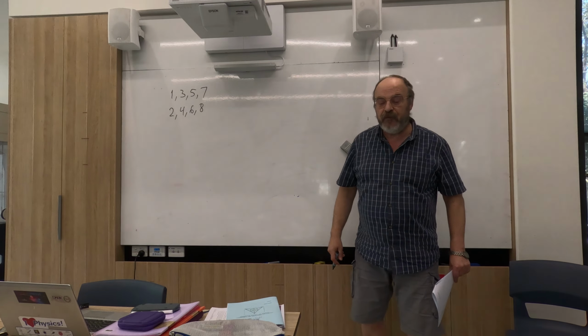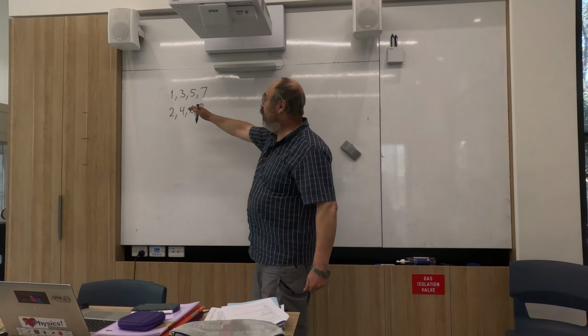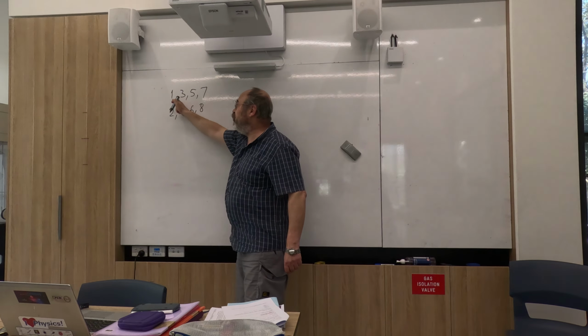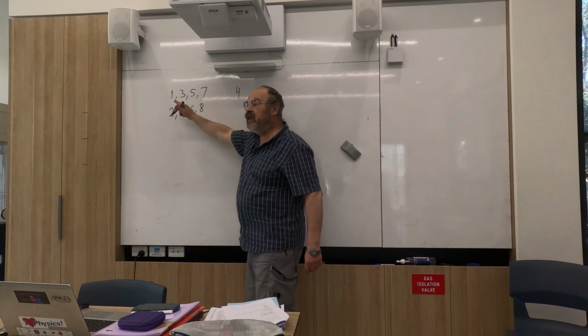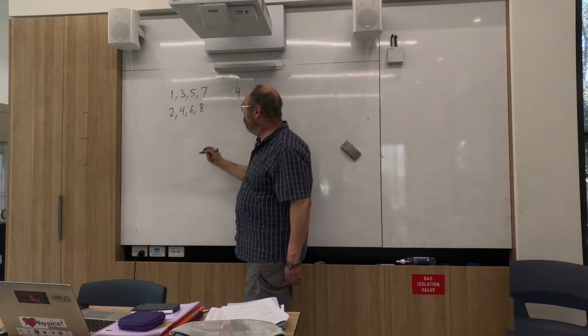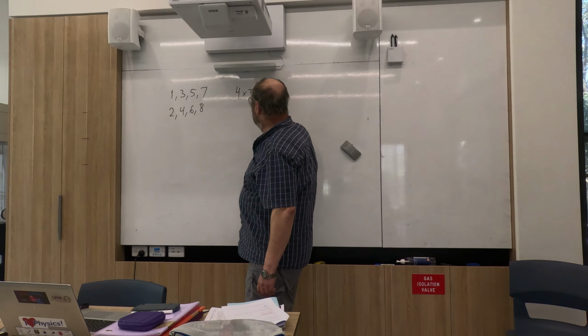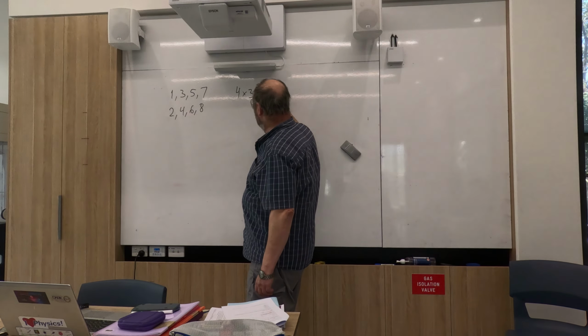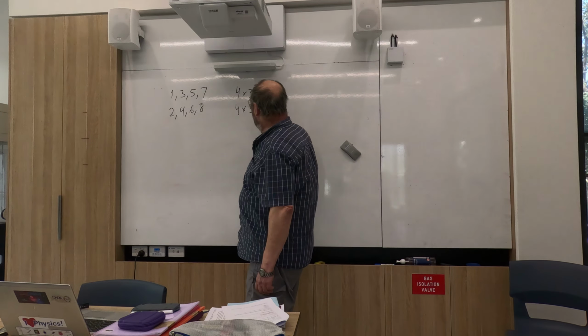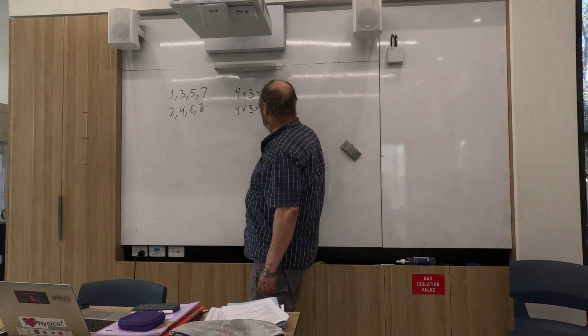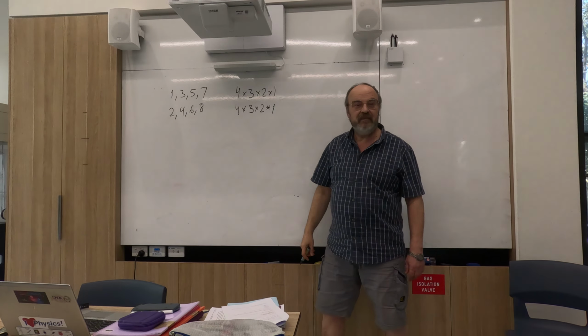For the first place, how many choices do we have? 4. For the second, 3. For the third digit we have 2, and for the last one, 1. So 4 factorial, which is 24, for one card.